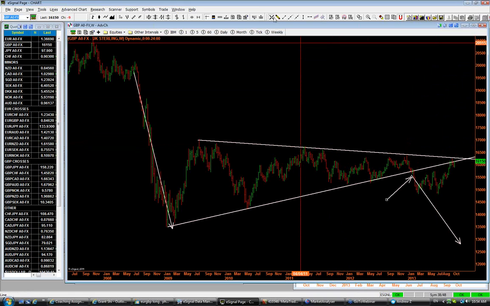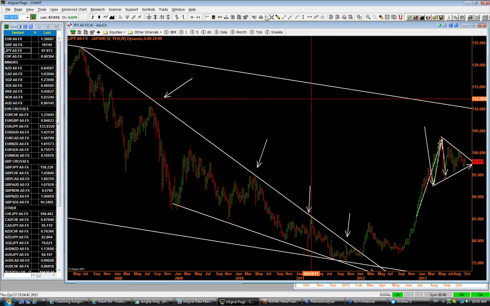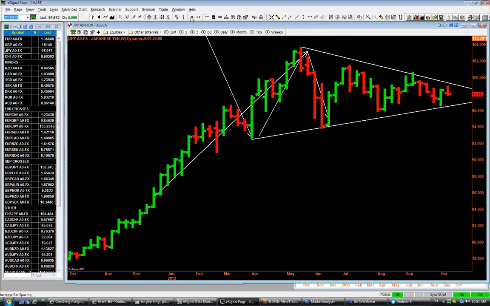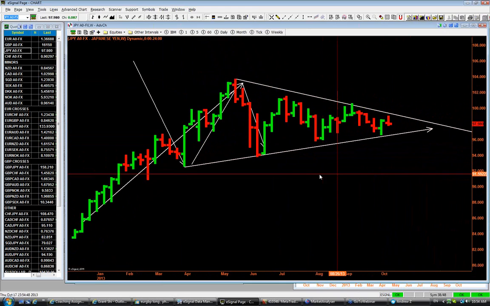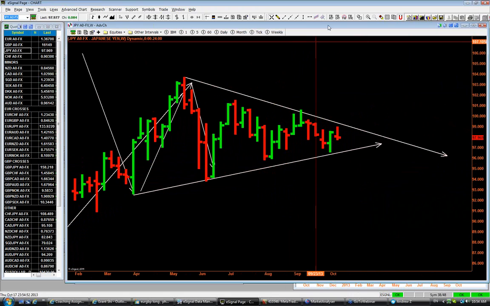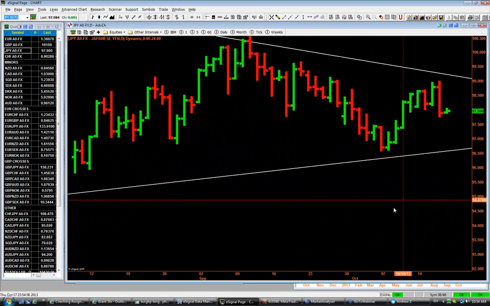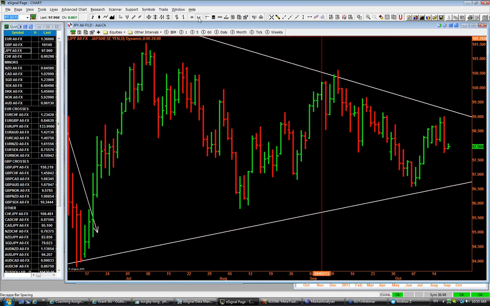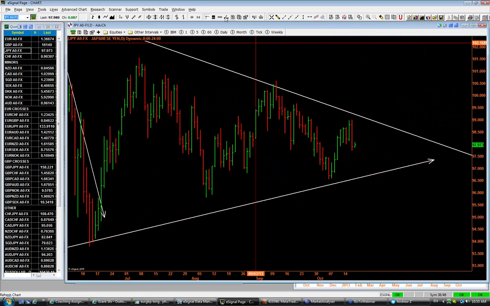So, yeah, that's the dollar yen. That's the weekly chart, and it's not looking very good. If you go back to the daily, it's very good to use the Fibonacci here.